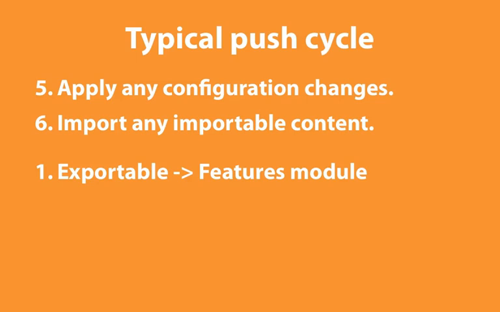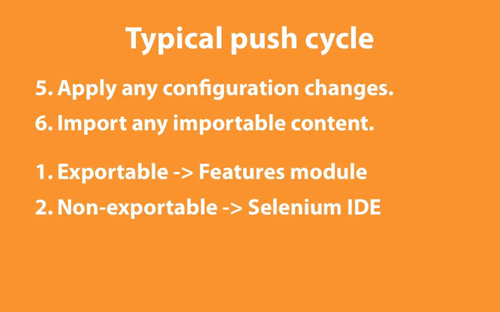We've talked about this a few times in the previous videos and this one. And then we're going to look at non-exportable configuration. This is anything that can't be exported with the features module or with any compatible module that might expose specific configuration to the features module. And we're going to use a tool called Selenium IDE, which is a Firefox plugin that allows you to record macros in your site and export it into code.